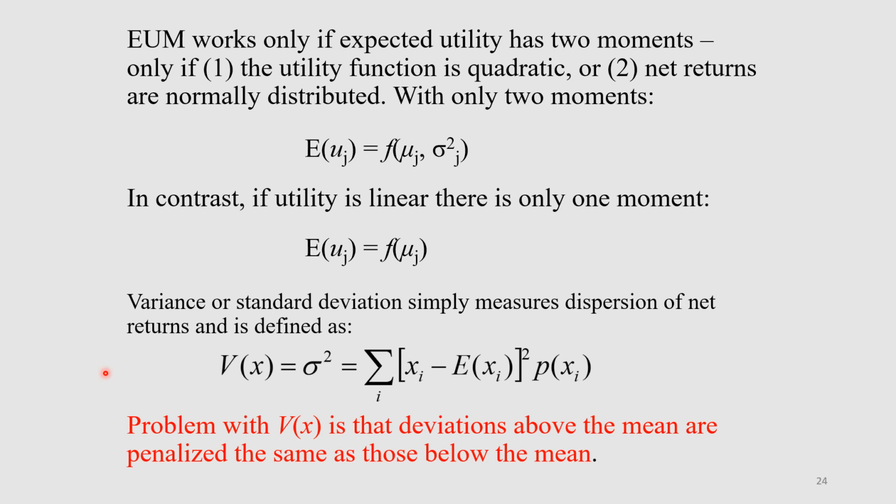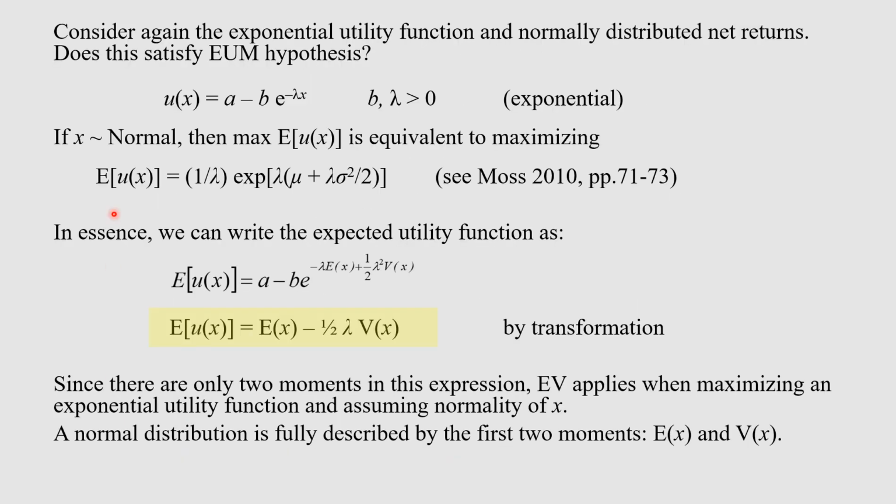Of course, you're multiplying these by the probabilities. So the problem with variance, Vx or sigma squared, is that deviations above the mean are penalized the same as those below the mean. That's kind of odd, because if you earn more, you're penalized to the same extent as if you were to earn less than that average.